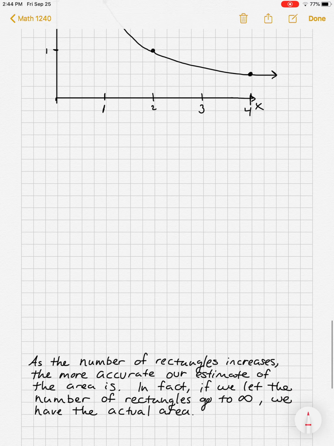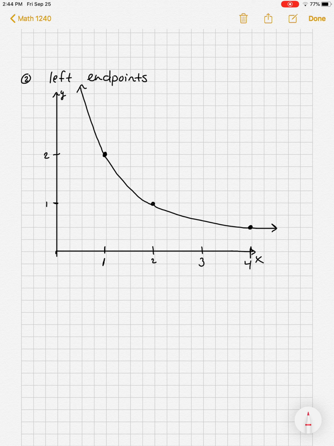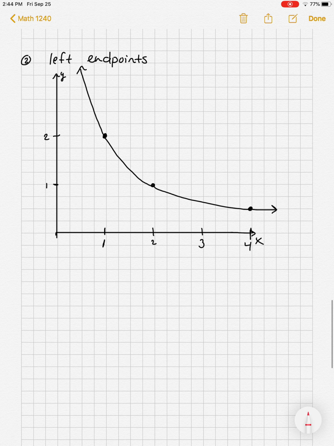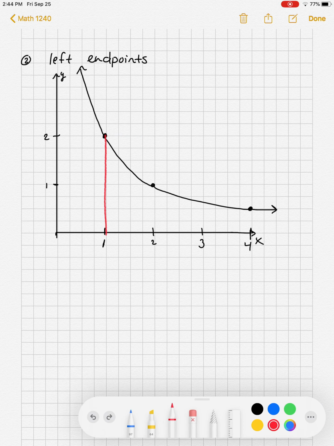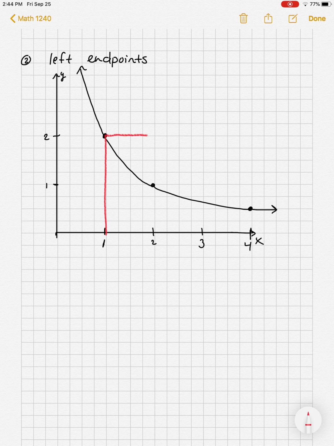Okay. What if I do the same thing but looking at the left endpoints? I'm still interested in between 1 and 4. So here's my first rectangle. Here's the left endpoint. And the left endpoint.